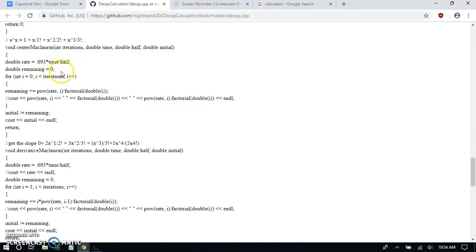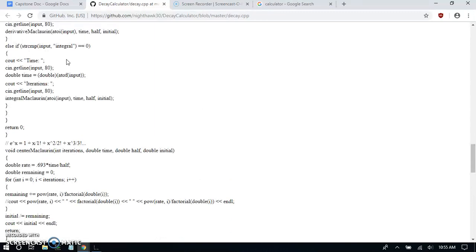In each iteration, it does the rate to the current degree divided by the factorial of the degree, which is n. So it's the sum of that for however many iterations you decided you wanted. And then after it finds that e to the rate value, it divides the initial value by the calculated Taylor polynomial value, and it prints out the total quantity, or the amount remaining after that amount of time.